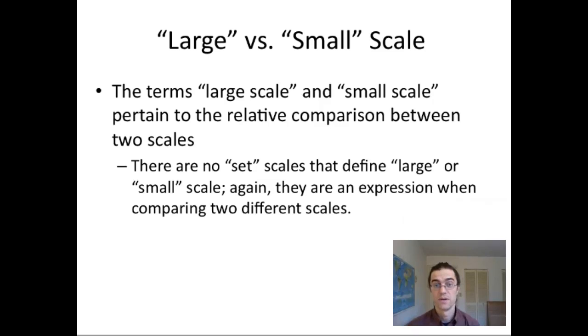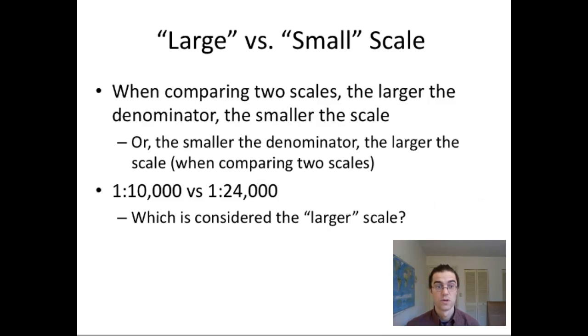And just to read you here, the terms large scale and small scale pertain to the relative comparison between two scales. There are no quote-unquote set scales that define large or small scale. Again, they are an expression when comparing two different scales. So for example, when comparing two scales, the larger the denominator, the smaller the scale.